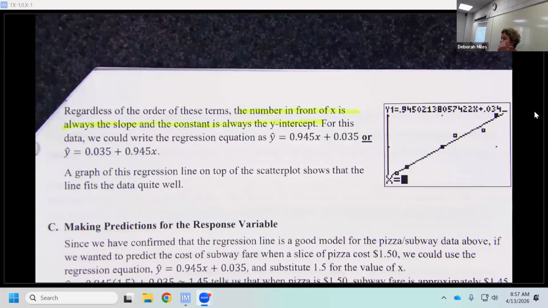Just because the calculator gives me that equation doesn't mean I can use it. I still have to verify that there is a linear correlation. I still have to put that R value on the number line with critical numbers and say, in the middle there is no correlation. On the ends there is a correlation. I have to verify that before I can use my equation to make predictions.